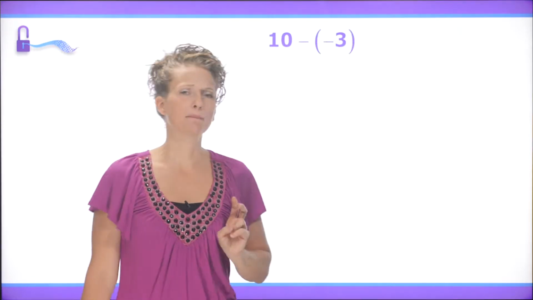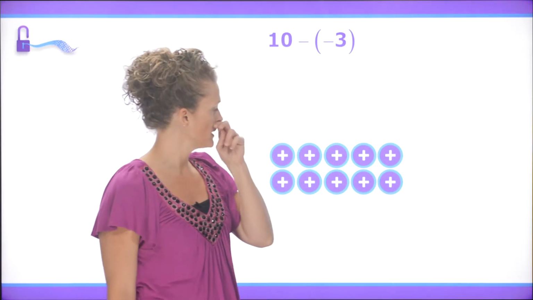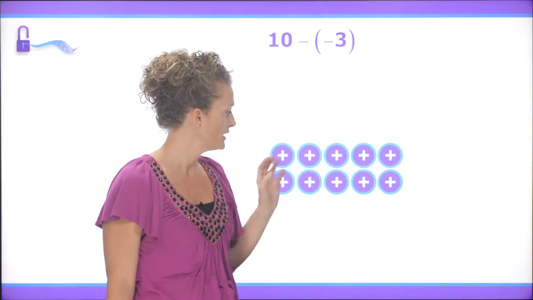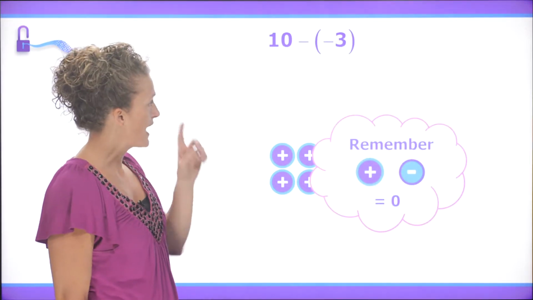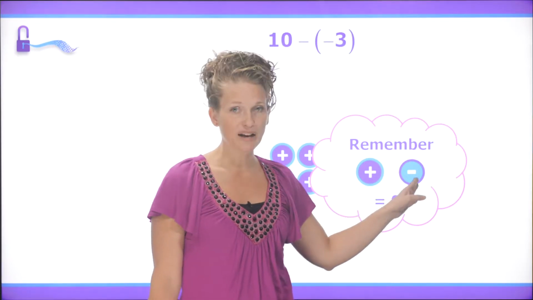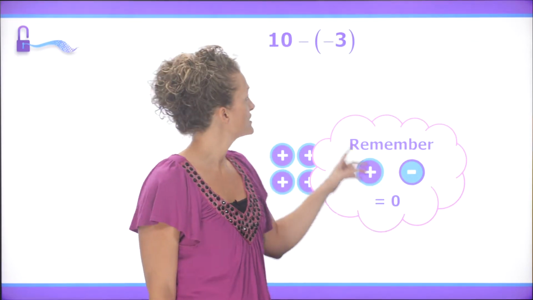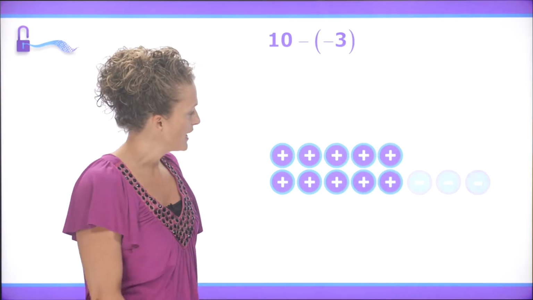Well, how about 10 minus negative 3? Now, this one's a little trickier to understand, which is why we get into a little bit of trouble with it. Again, here we have our 10 represented by our plus 1s, and we have to remember that plus 1 minus 1 equals 0. We want to subtract a negative 3. Well, we don't have any negatives, so we want to go ahead and add those.